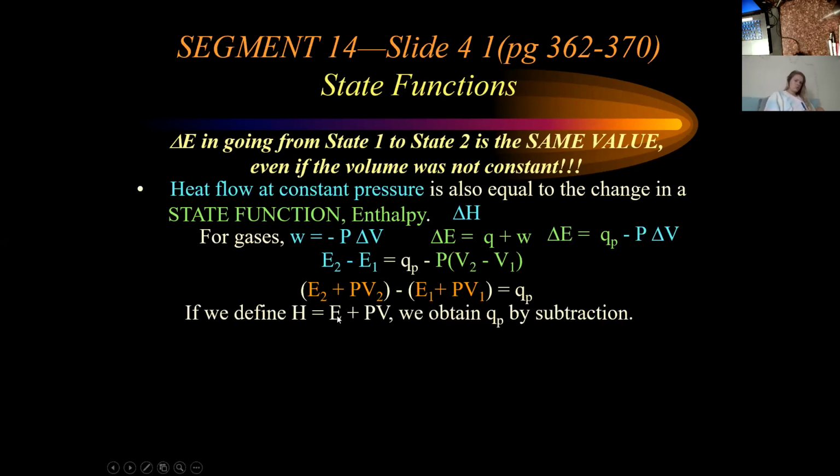If we define H as E plus PV, then H2 minus H1 is QP. So the enthalpy function is defined as E plus PV. Now, let's think about what it is. If I've got a gaseous system, it's got energy by virtue of the fact that it's made of stuff that's got an internal energy.